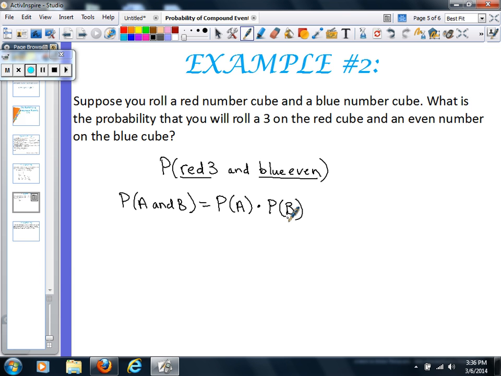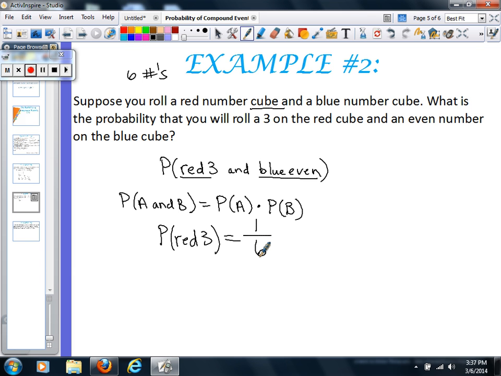Okay? So, remember, the cubes, just like a dice, they have 6 sides, or 6 numbers. Alright? So, the thing we got to look at then is on the red cube, what is the probability that I'm going to get a 3? Alright? Well, there is 1 3 on a 6-sided dice, and there are 6 chances.